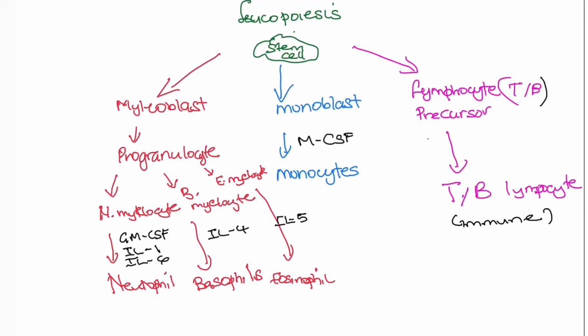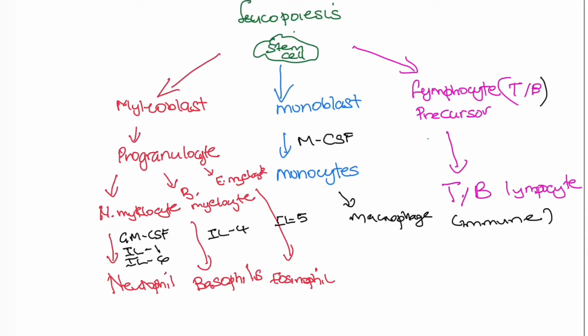Now, the next one is that the stem cells can form monoblasts, and the monoblasts under the growth factor M-CSF, right, will differentiate into your monocytes. And remember, your monocytes can form your macrophage when it goes into the blood, and this has phagocytosis properties. All right, and then the last thing is the myeloblast.